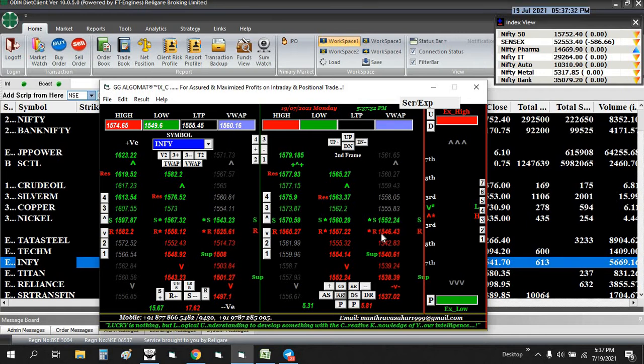It will consolidate between this 46 and 52, and once again if it is breaking this 1542, you can go for the short position. But we have initiated an entry well before, right? Why?